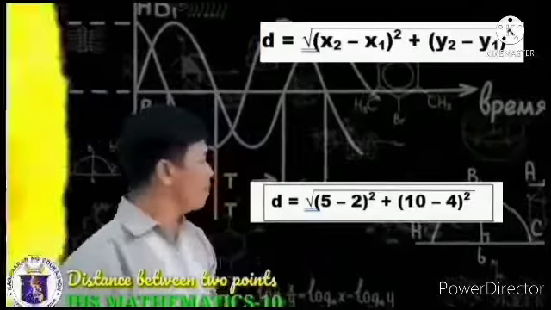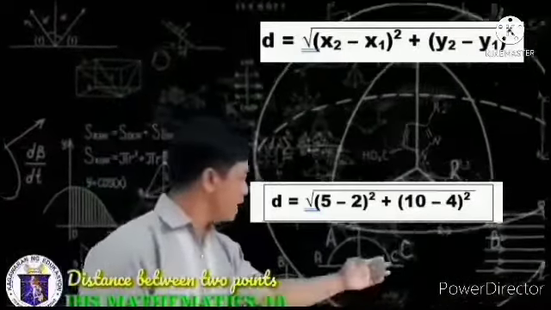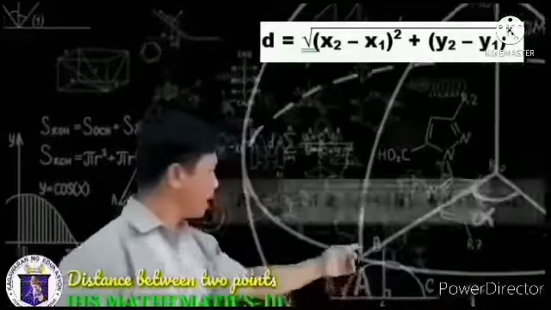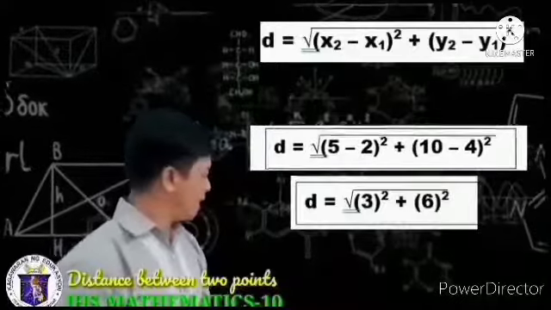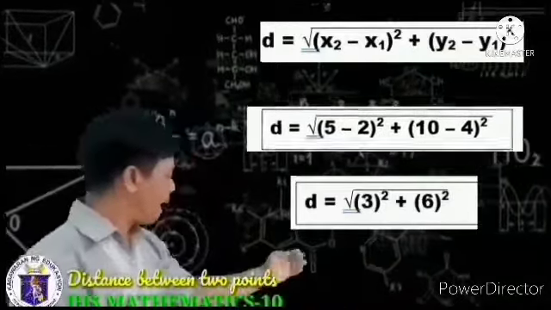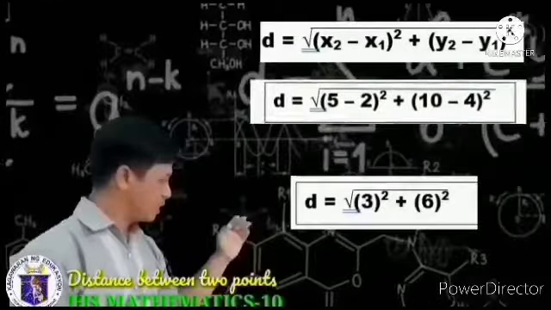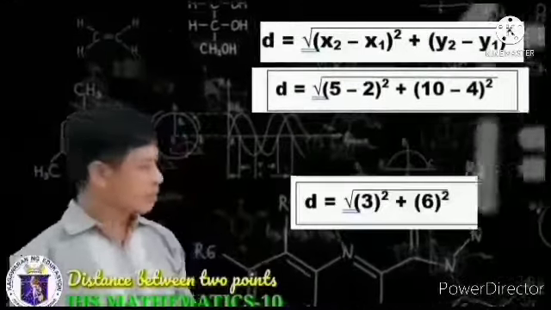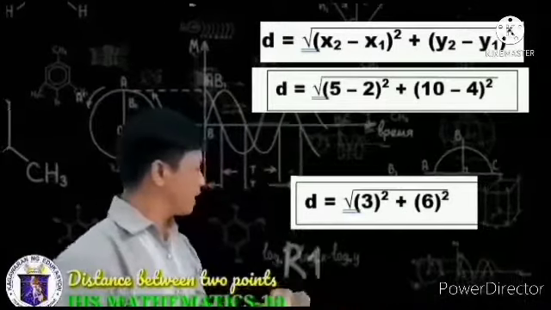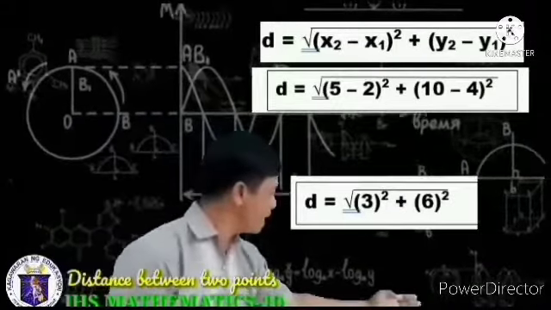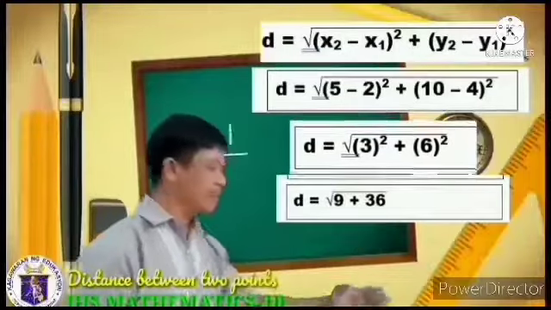By performing the operations given inside the square root, we have D equals the square root of 5 minus 2 is 3 square plus 10 minus 4 is 6 square. Taking the square of the two given numbers inside the square root, we have D equals 3 square is 9.